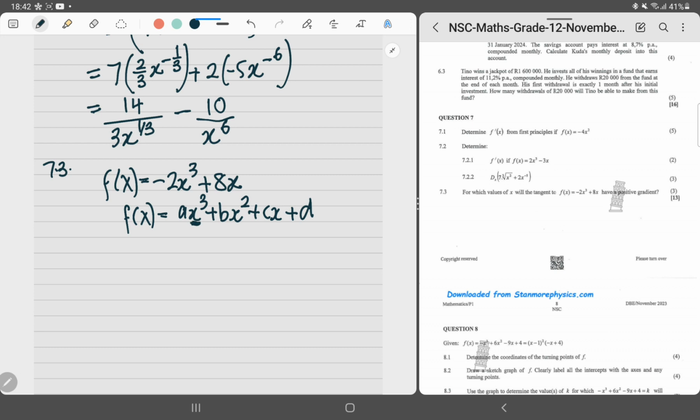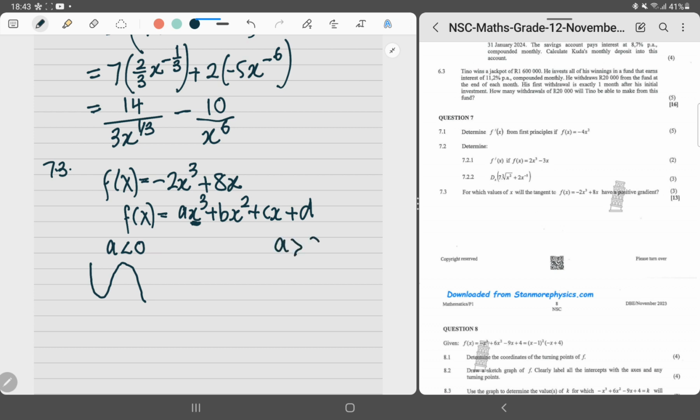So the coefficient that is attached to x cubed is a. So when the value of a is less than 0, in this case a is negative 2, we are going to have a function that is decreasing, increasing, and decreasing again.